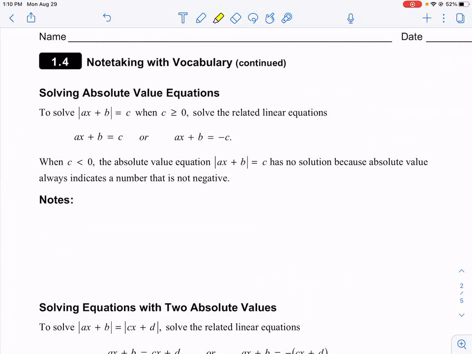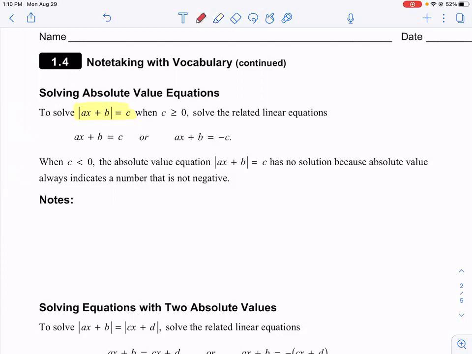So here we go. If we have an equation that looks like this, then we know whatever is inside the absolute value could be positive, could be negative, and we would still have the same absolute value.